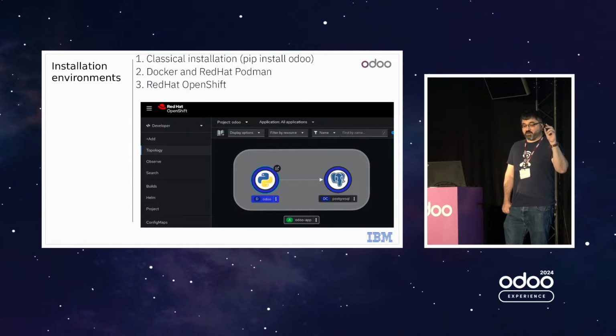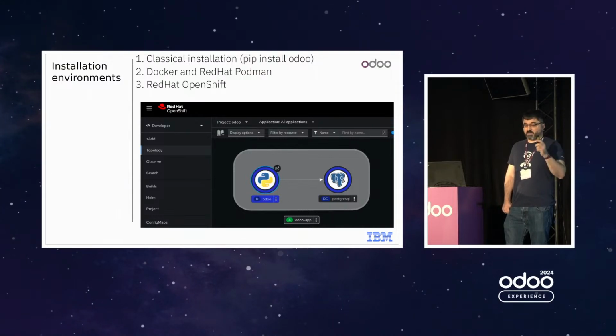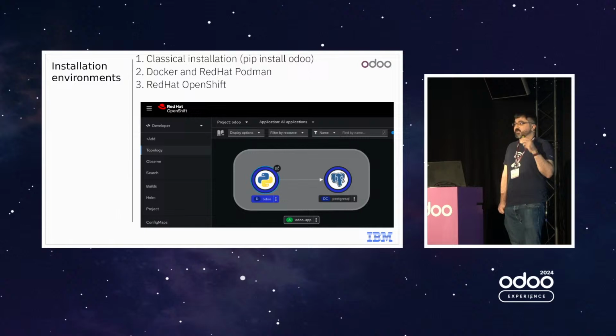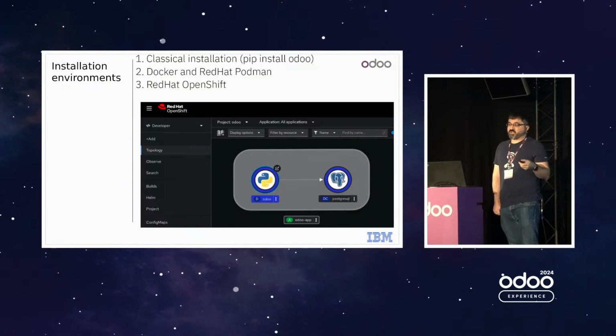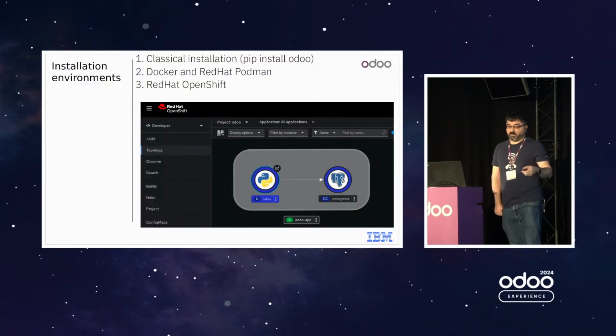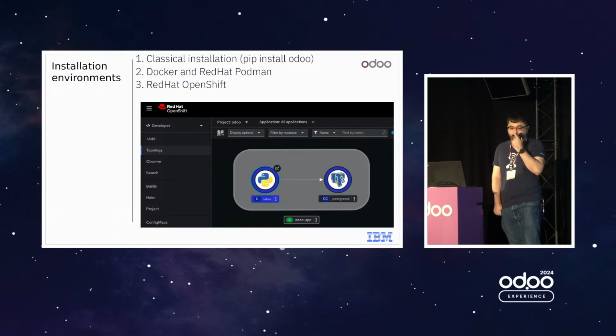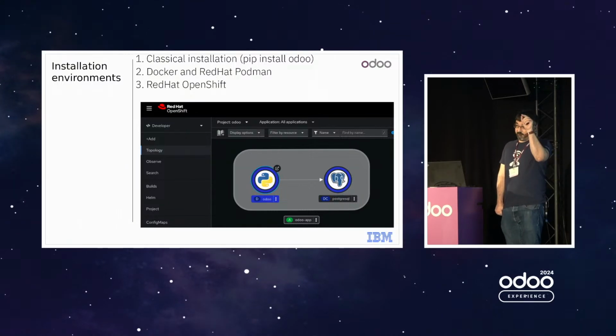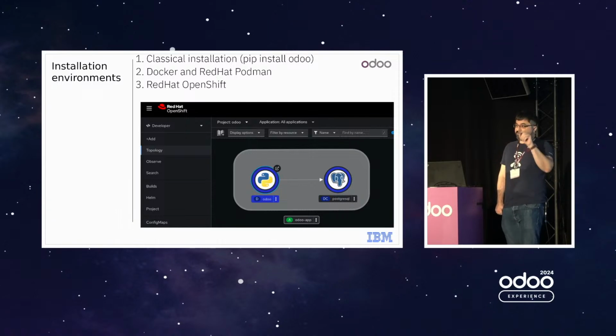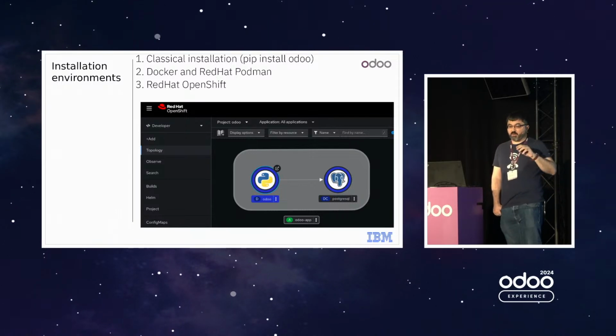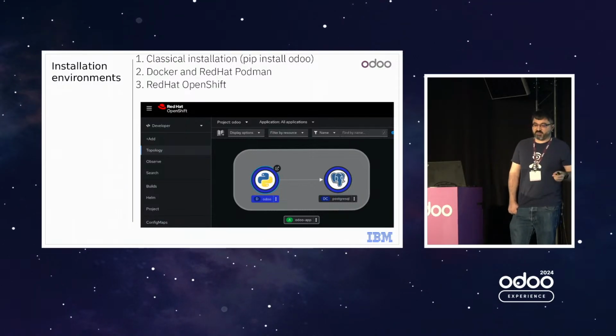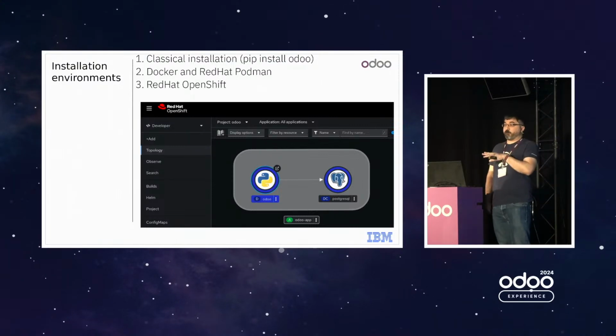But for the Docker environment, it's necessary to make a patch for the Dockerfile. The Dockerfile is a description of the container, and thanks to this patch, it's possible to run with the same definition on Docker, obviously the main target, and also on Podman.